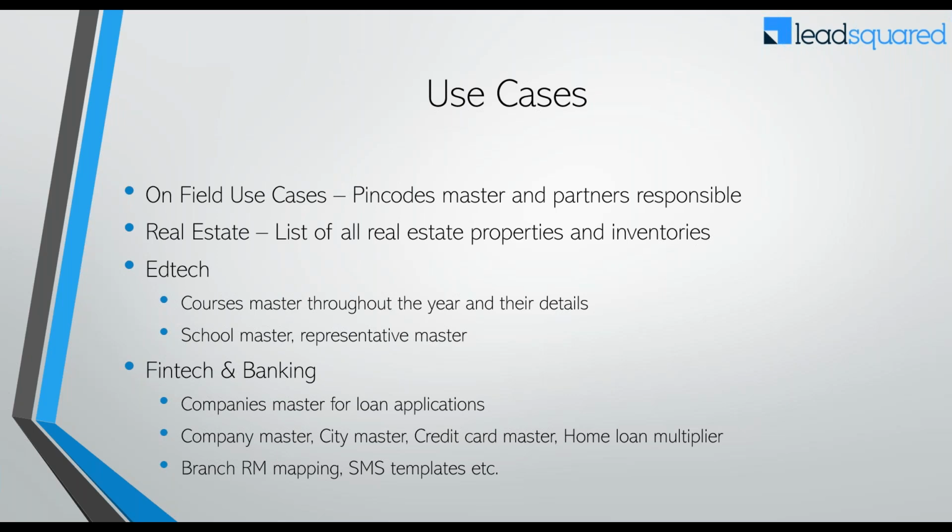And for fintech and banking companies, you can think of a companies master for loan applications. For individual vetting, we usually ask people which company they belong to. So the bank has a list of all the companies, and it gives them a positive point if they belong to certain A, B, or C level companies. Similarly, there can be a city master, or a credit card master.